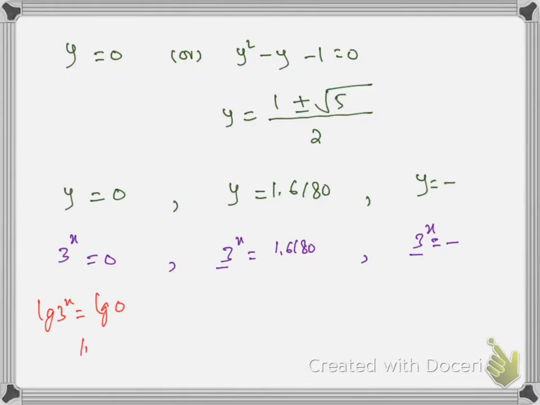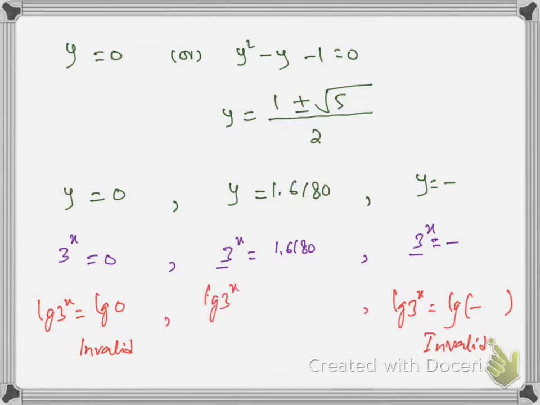So this is invalid. If you take log of the last value, log of a negative number, you know this will be invalid because log does not exist for a negative number. So log will exist only for the second one.